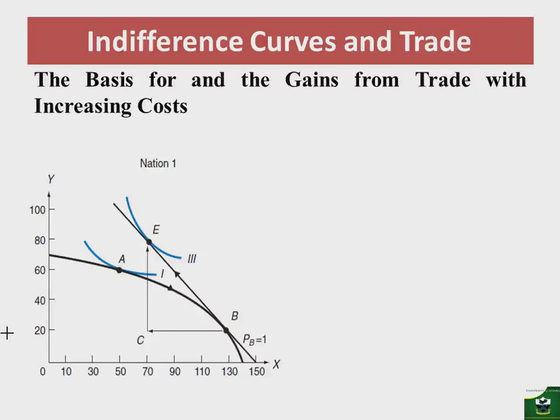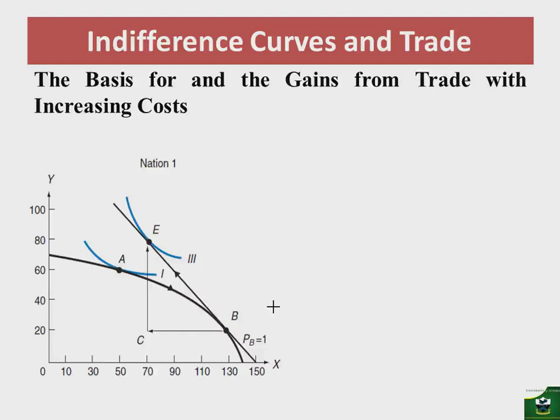Therefore, nation 1 has a comparative advantage in the production of commodity X. With this, nation 1 will specialize in producing commodity X, and it will move all the way to point B until the international terms of trade are equal to those of nation 2. And this is assumed to be at point B.